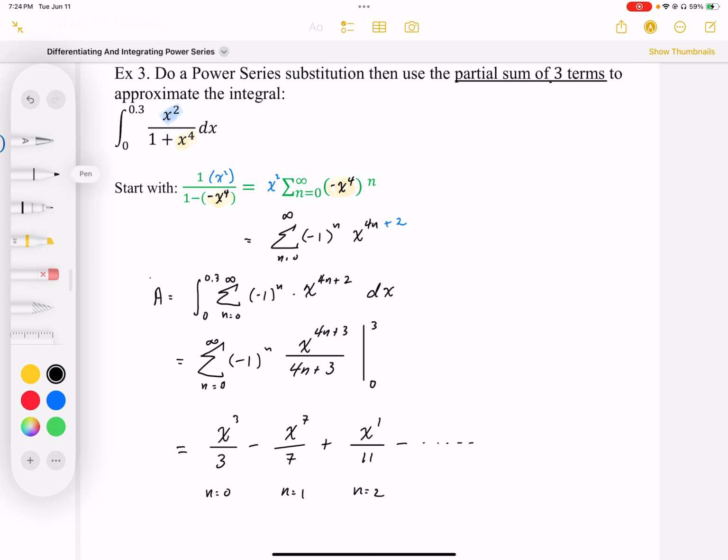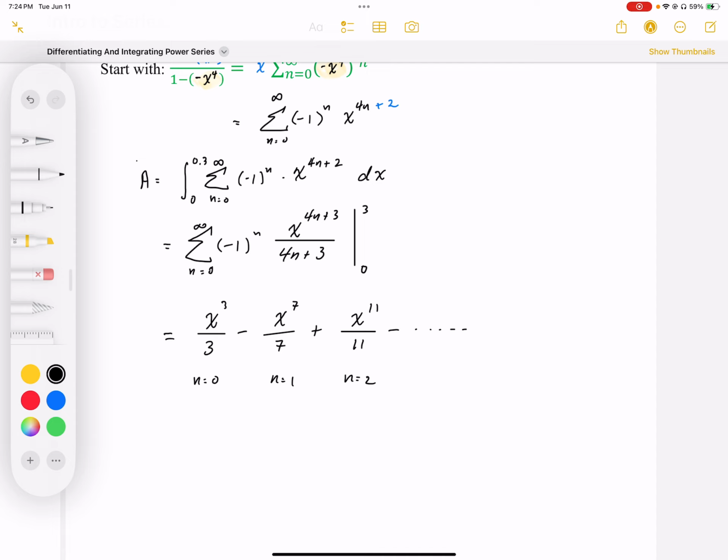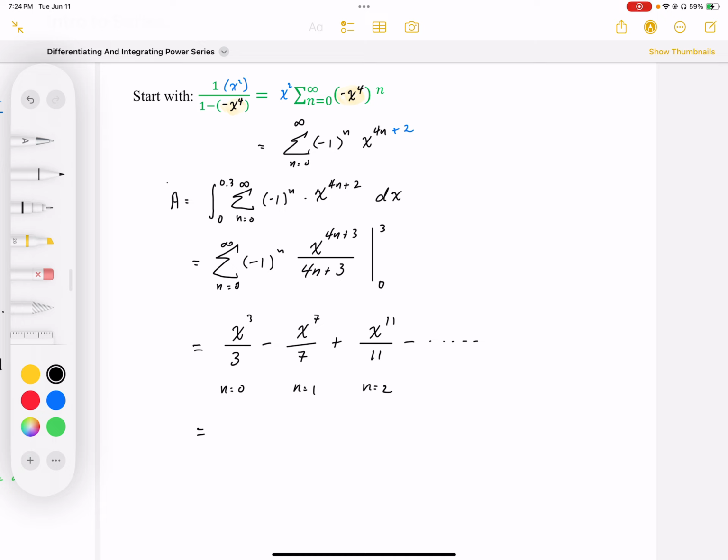Okay, so I can keep on going, but this problem is only asking me for the first three terms of this series, the first three partial sums. So at this point, I'm going to plug in my bounds, from 0 to 0.3. Now I know if I plug 0 into this polynomial, I'm going to get 0. So I'm just going to calculate the values when I plug 0.3 into this partial sum.